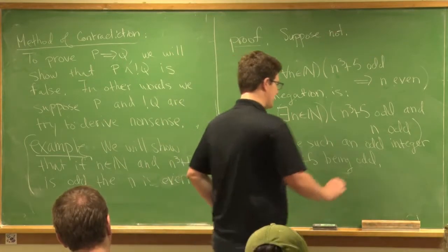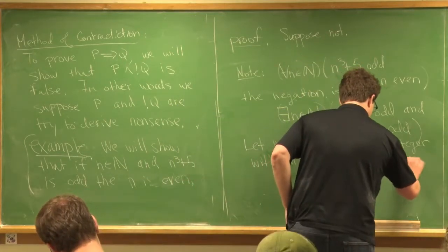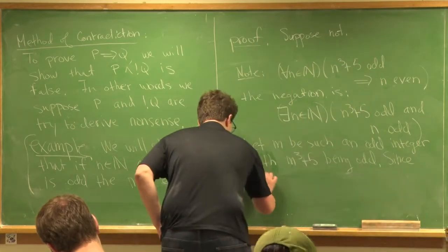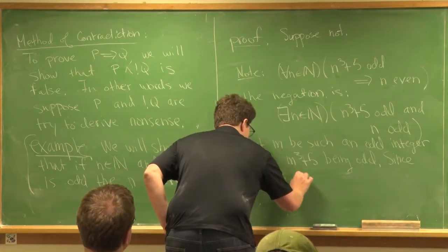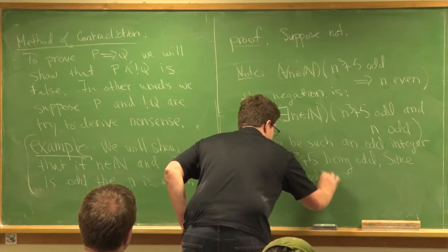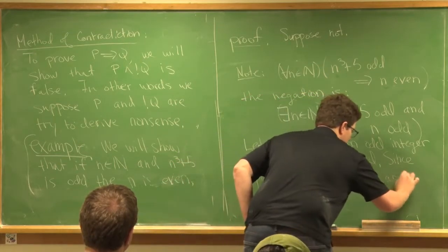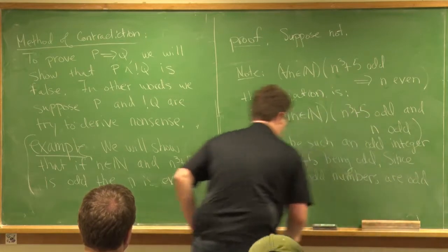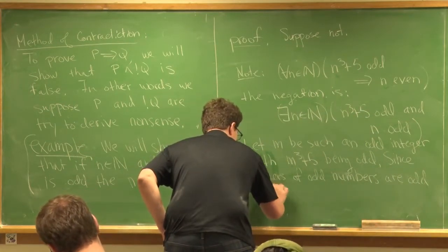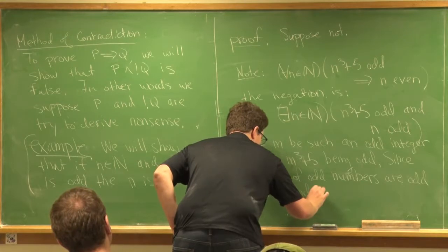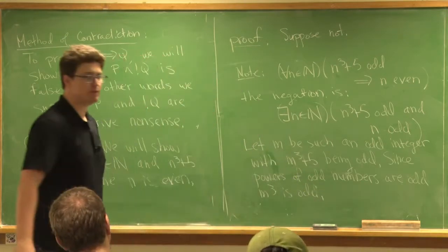Okay? Since powers of odd numbers are odd, m cubed is odd.